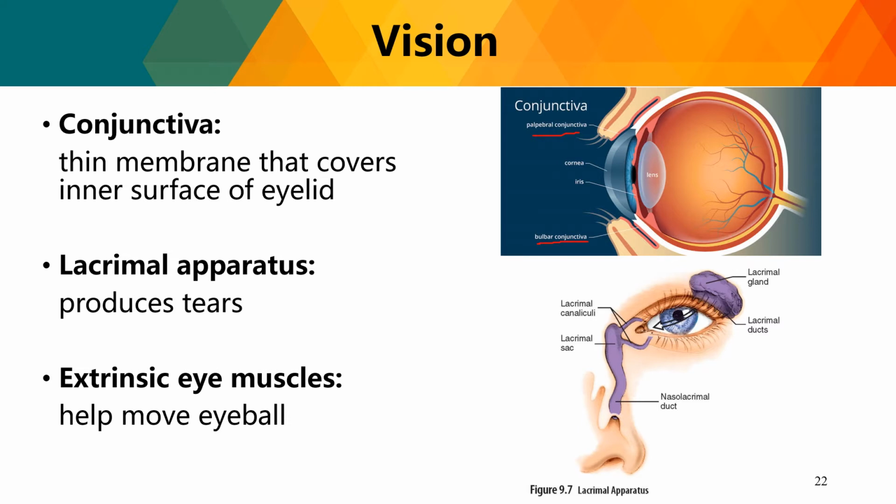Okay, and then next you have the lacrimal apparatus. The lacrimal apparatus is responsible for producing the tears, and it includes the following parts. You have the nasolacrimal duct, which runs from your nostrils, and then you have the lacrimal sac near your lacrimal canaliculi, and then at the lateral upper side of your eye, you will see the lacrimal gland, and of course the lacrimal ducts.